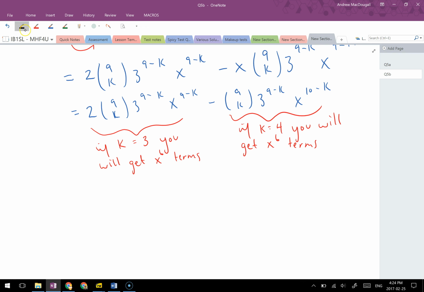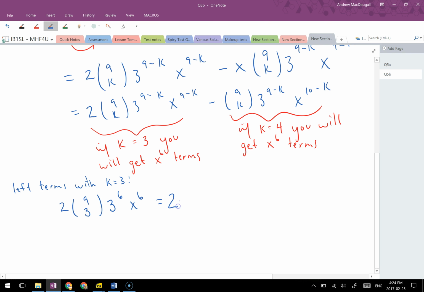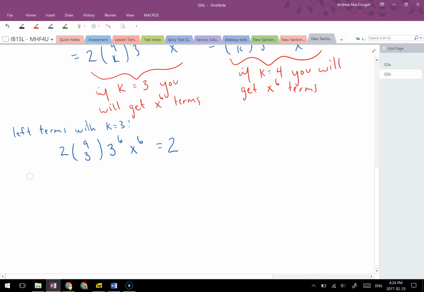So let's look at the case of the left term with k equals 3. We get 2 times 9 choose 3, 3 to the power of 6, x to the 6. Okay, and that is 2 times, let's do 9 choose 3. 9 factorial over 6 factorial times 3 factorial, which is 3 times 2.